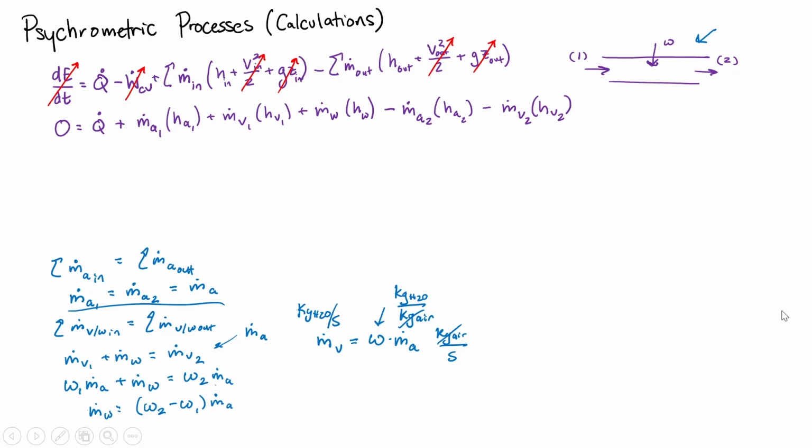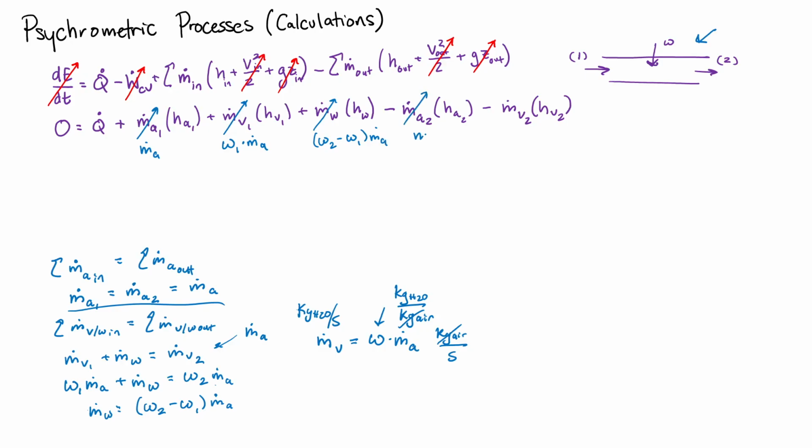Now what I'm going to go ahead and do is replace those things here. M dot vapor 1 I said was omega 1 times m dot air. M dot air 1 I said was just m dot air. It's the same for both. m dot water, sometimes I like to replace this in the equation, sometimes I don't. I'm going to replace it in this case. It is going to be omega 2 minus omega 1 times m dot air.